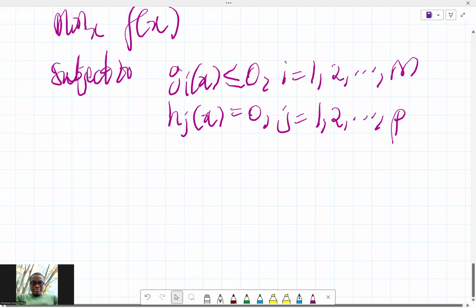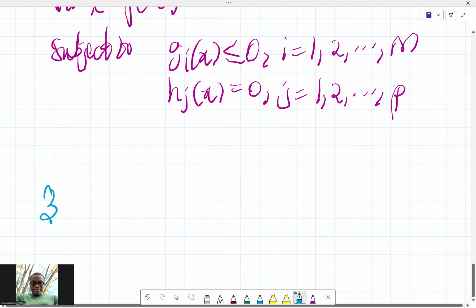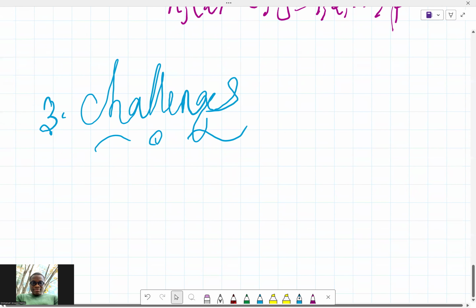Now, the next thing we'd like to look at will be the challenges in this situation. Talking about number 3 under this, let's look at the challenges of non-convex optimization. So the first thing is the idea of local minima.